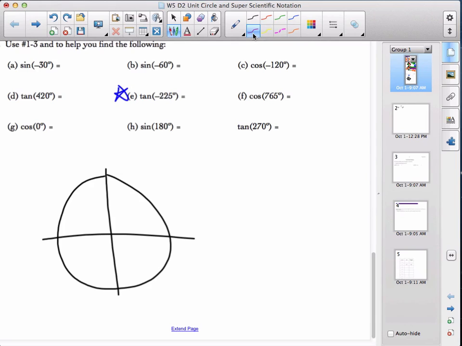Where's negative 225? Would it be at, like, below 180? Well, so which direction will it open up if it's going to be negative? It's going to go down, exactly. It's going to go in that clockwise direction.